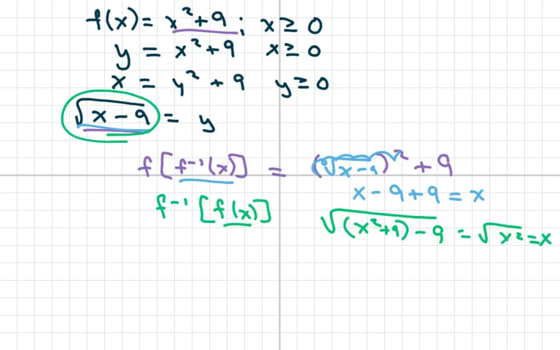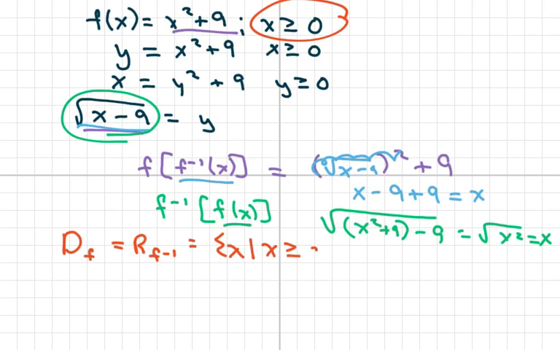Now, for the domain, we have the domain of f. I'm going to just write it like this. You can write it out if you want. Equals the range of f inverse, which equals right here. x is greater than or equal to 0. And the range of f equals the domain of f inverse.